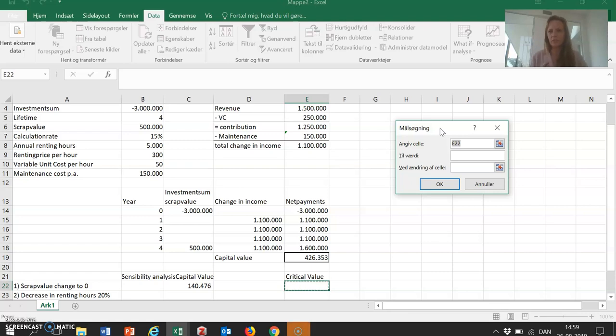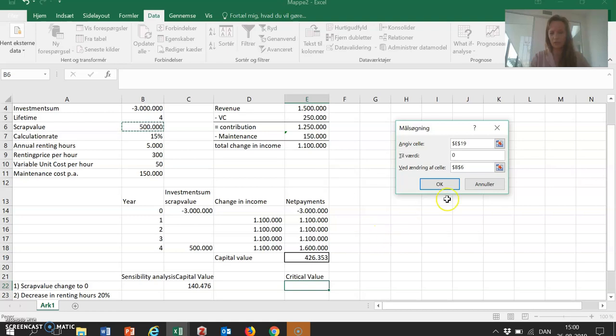So remember, the critical value for all investments is where the capital value is equal to 0. So go up here, set in this cell in the first part, you want capital value at a value of 0. This is where we have the critical value, remember that. By changing, and now we're looking at the scrap value, remember? So by changing this scrap value.